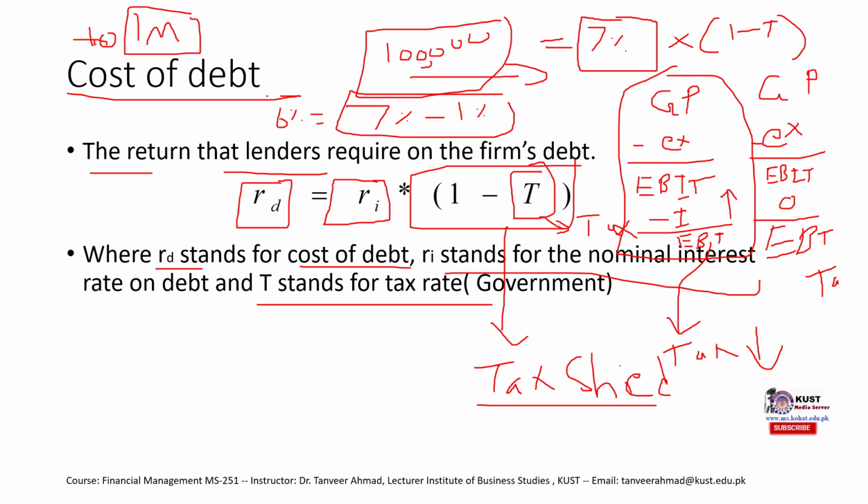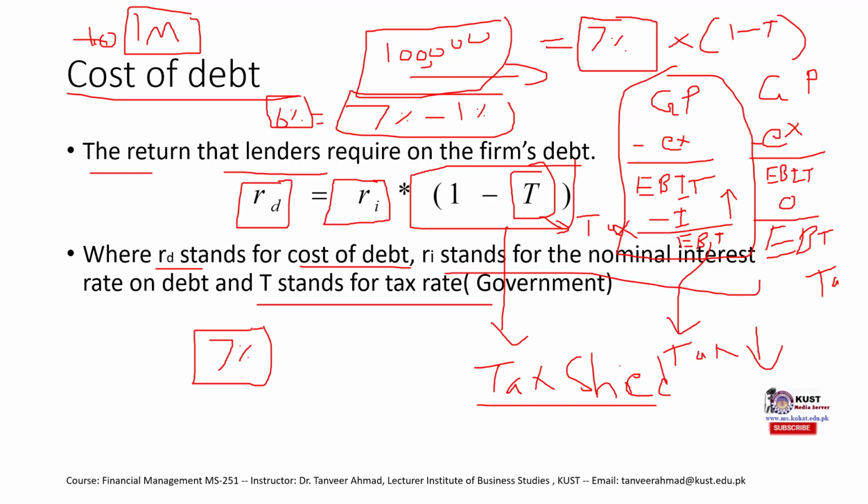So I hope you get the idea. Let me revisit this idea. If a firm needs to borrow 1 million and it goes to a bank and the bank asks the firm to pay 7% interest, then a layman would consider that this 7% is our cost of debt.